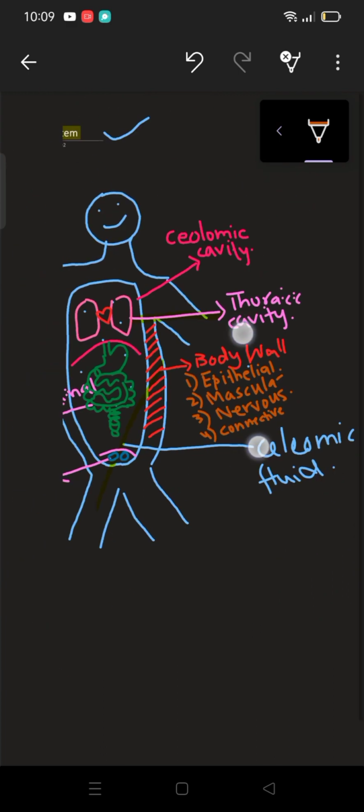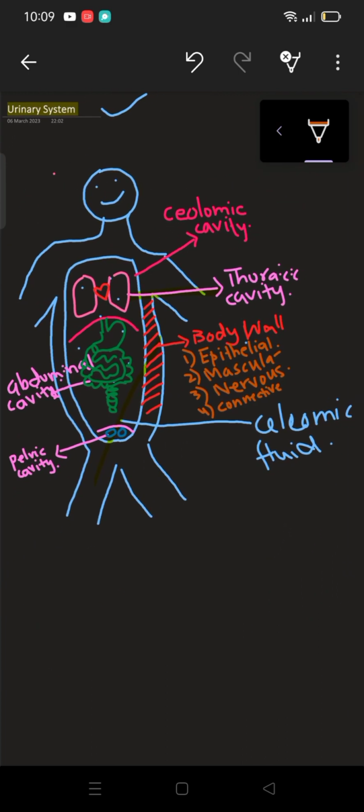Epithelial tissue is used for the covering of the body. It is used for the protection of the body. All the covering of your organs is done with the help of epithelial tissue. We do have more types of epithelial tissue as well, but we'll be doing this further. Second, we do have muscular tissue, which is used in the muscles of the body.